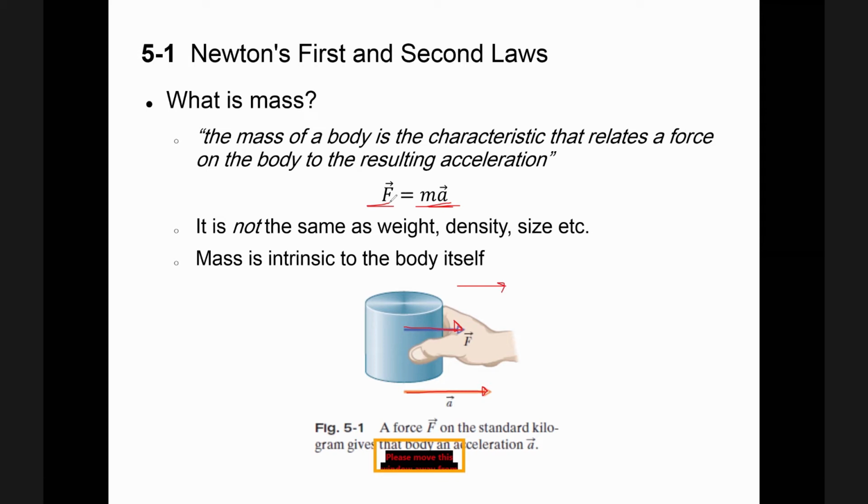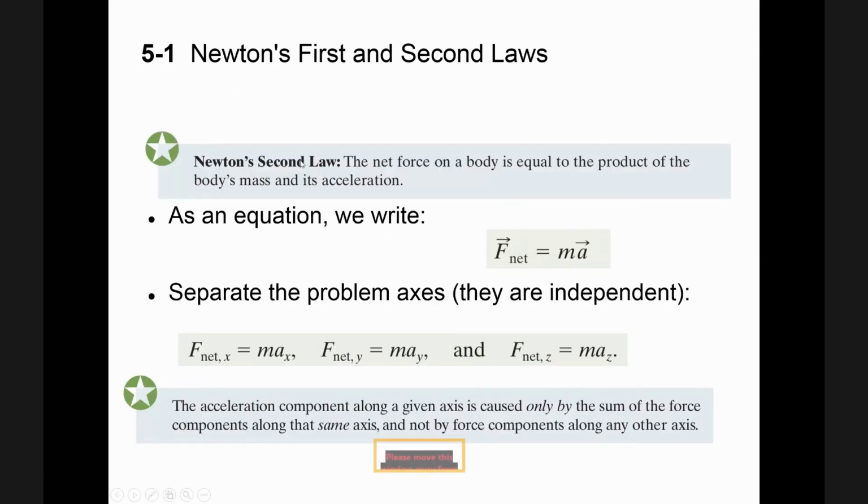Equal in magnitude, equal in direction. If the direction of the net force is to the right, the direction of the acceleration should also be to the right. This is important.